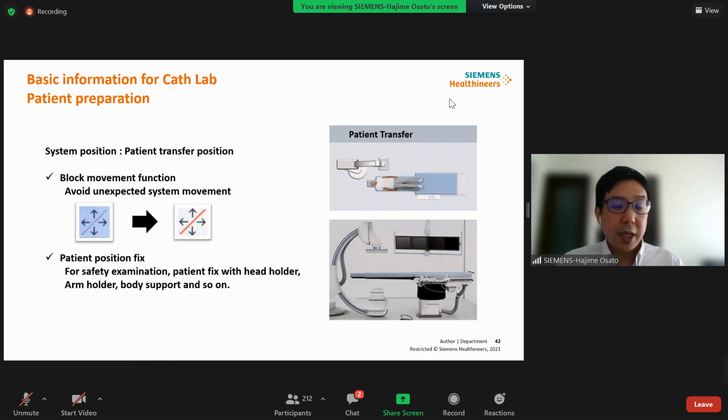To avoid accidents, movement block is mandatory, because sometimes the patient touches the table controller as a grip to access the table. The patient position should be fixed to avoid falling from the table.